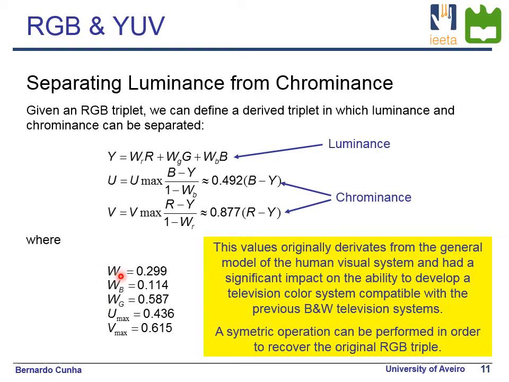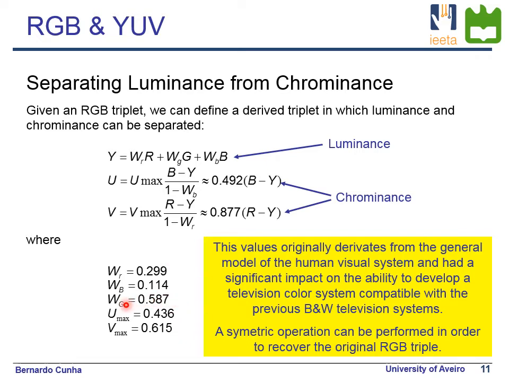So WR, the weight for red, will be 0.299, WB will be 0.114, and WG will be 0.587. If you add up these three numbers, you'll come out with 1 as expected. In fact, it is curious that the way each of the three components in RGB produces the final luminance value is not equally distributed.